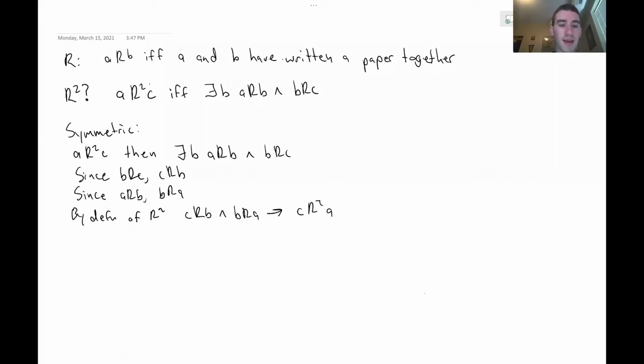Now let's take a look at anti-symmetric. What we're looking to see is, if A relates to C using R squared, and C relates to A, do they have to be the same person?